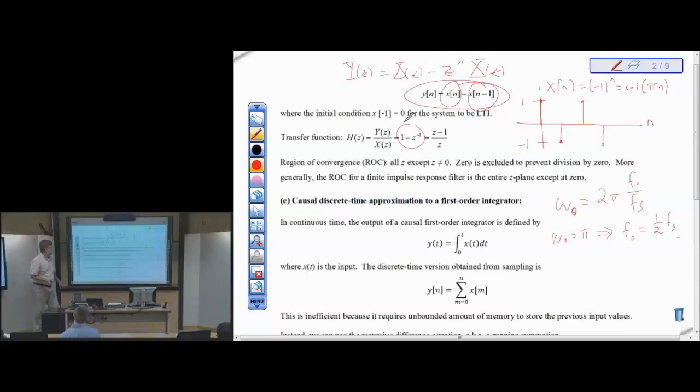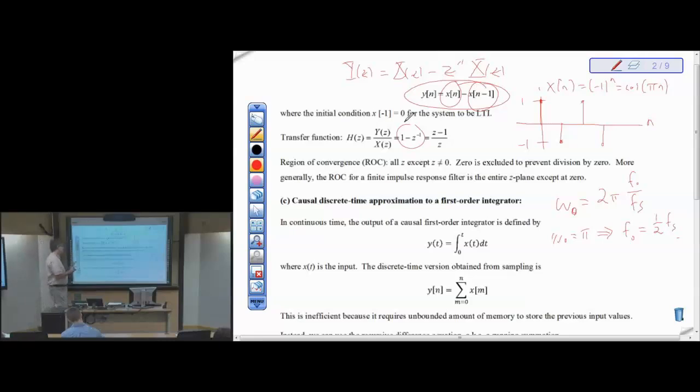Now, why is it useful in image processing? It turns out that these fast alternations correspond to lines or edges in images and also texture. I'll have demos of that later in the lecture 5 slides. So this kind of high-pass filter is useful in detecting edges and texture in images. It's useful in many ways.